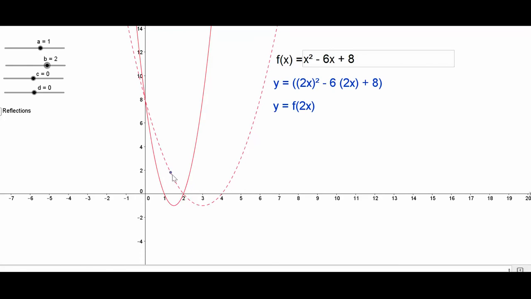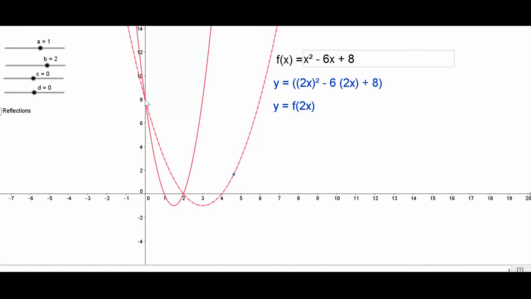So we would call this a stretch of factor a half parallel to the x-axis. We can see that the point 4, 0 has been transformed to 2, 0, and 2, 0 has been transformed to 1, 0. So the points on the x-axis are half as far away from the y-axis now.